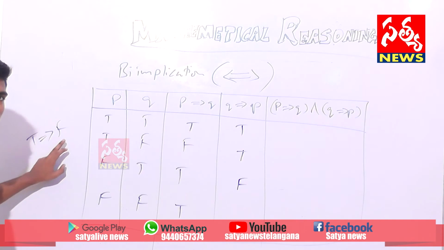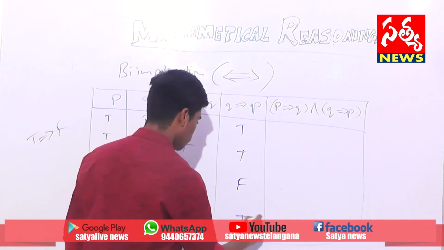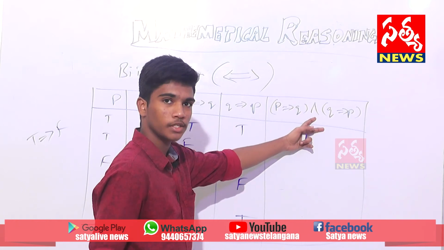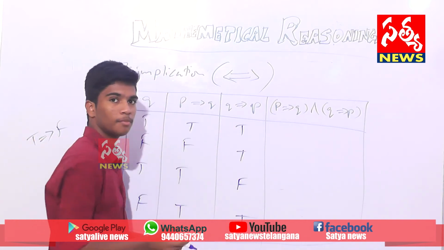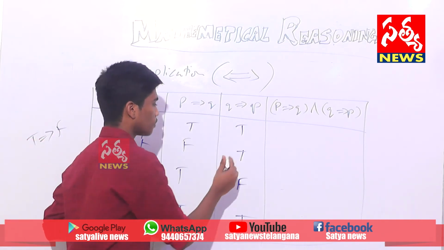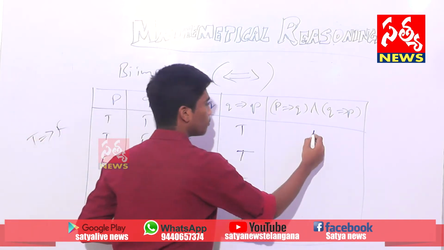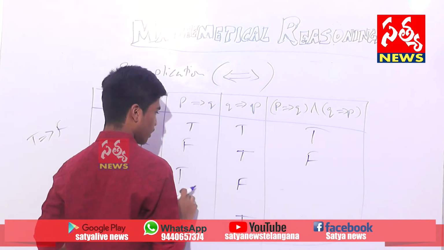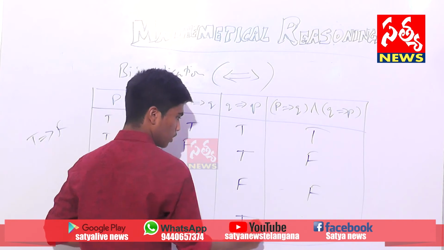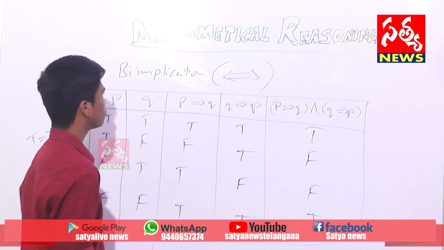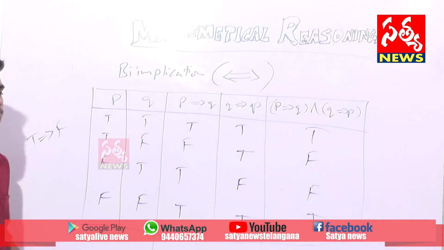See the conditional of T to F, false. The others are true. Now there is a conjunction. So conjunction means only true true will become true. T and T will become true. F and T will become false. T and F will become false. T and T will become true. So T, F, F, T. This is for biimplication.